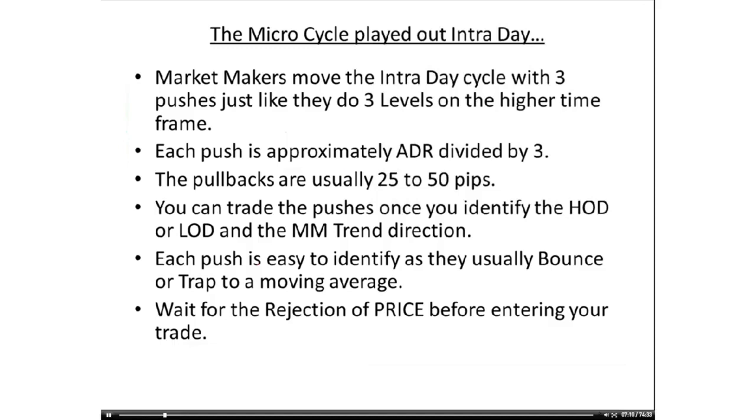Each push is easy to identify as they usually bounce or trap to a moving average. All right, normally they'll bounce off the moving averages. They will show a pattern. You have 3 identifiable patterns. You have your railroad tracks. You have your quarter wood.